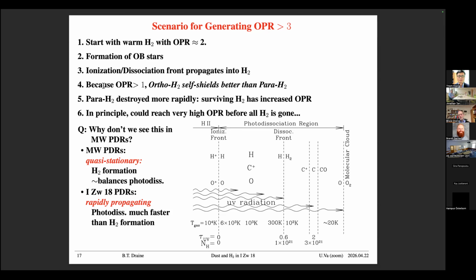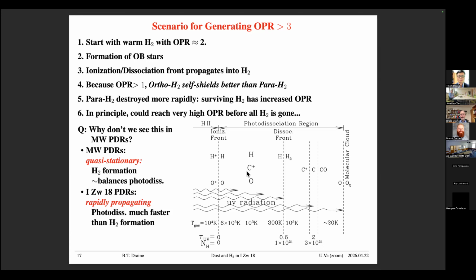Para molecular hydrogen shields para, because the spectral lines, the ultraviolet lines, are actually at different wavelengths. And so we have these two species, each able to self-shield, but the ortho self-shields better than para. So as this dissociation front is advancing into the molecular gas, it's destroying the para. The para molecules have shorter lifetimes than the ortho molecules.